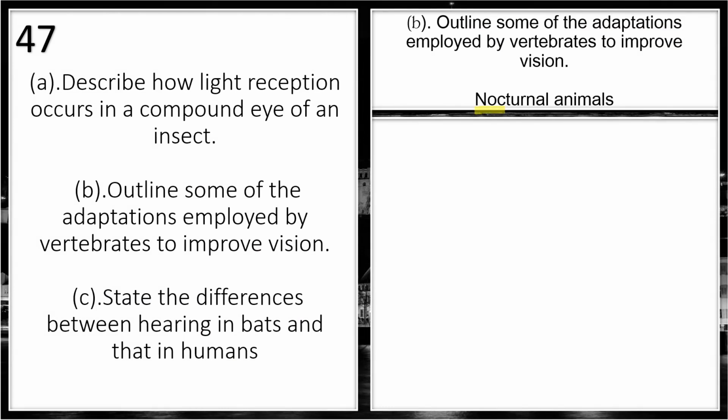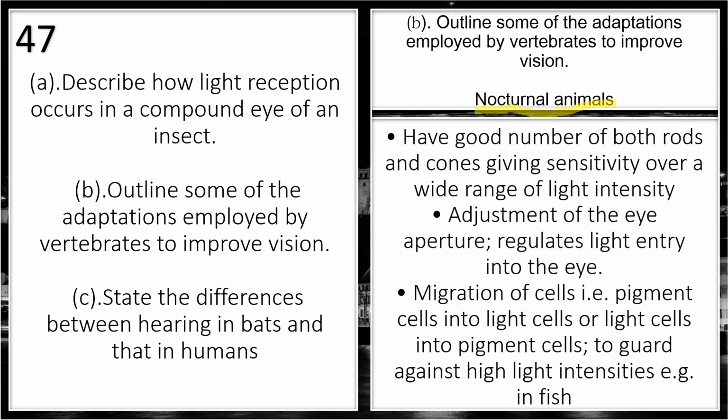Let's now look at the nocturnal animals. These ones have a good number of both rods and cones, giving sensitivity over a wide range of light intensity. Adjustment of the eye aperture regulates light entry into the eye.